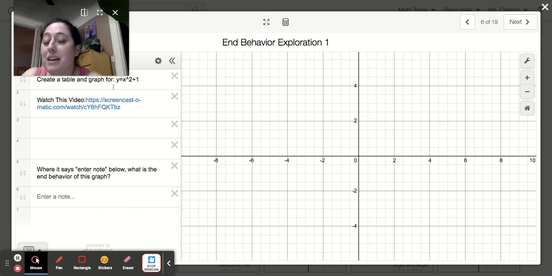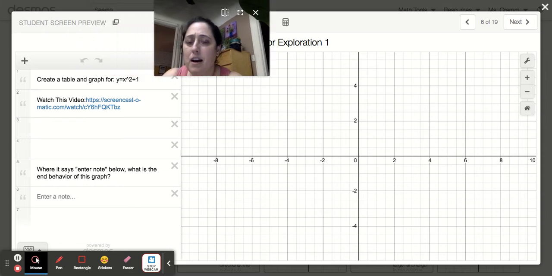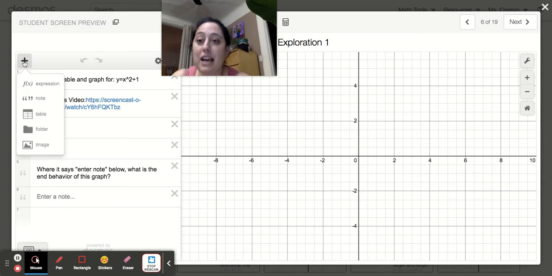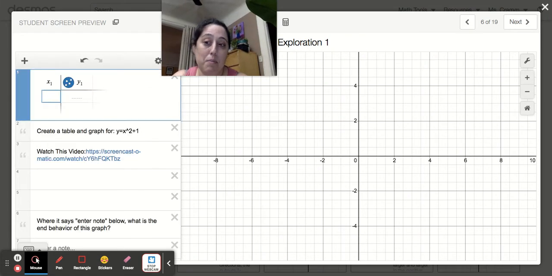All right, so here they did go over how to create a table in this video. I'll quickly go over it, but a more thorough explanation will actually be in this video. To create any of them, including a table right here, I can click on the plus and then click on table.